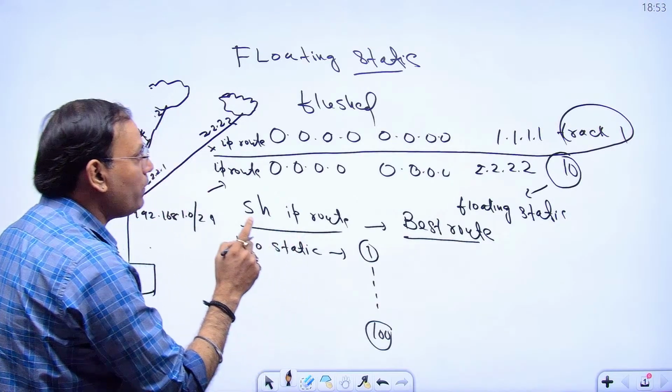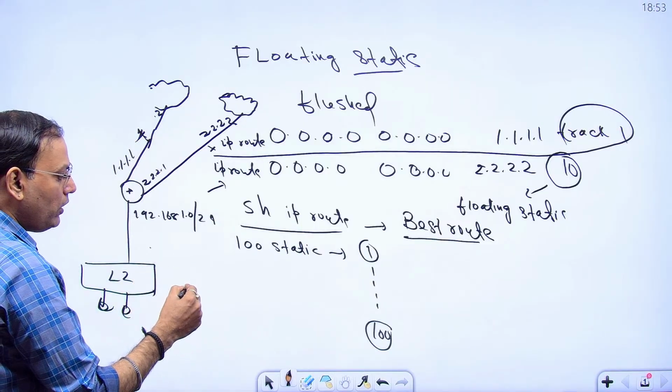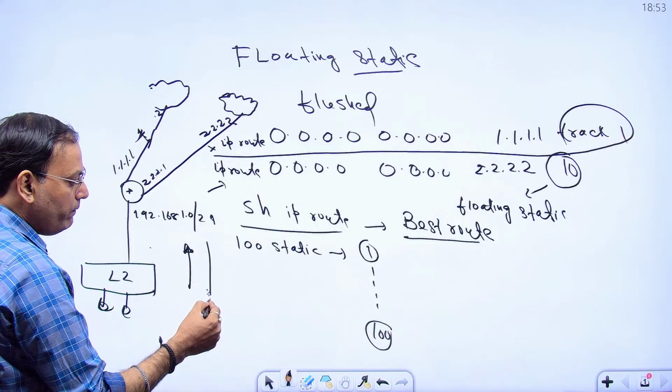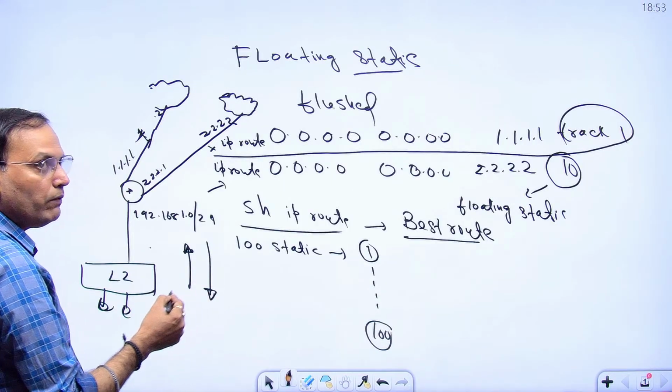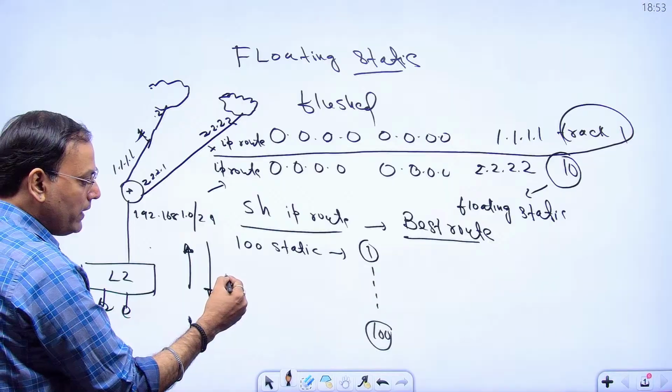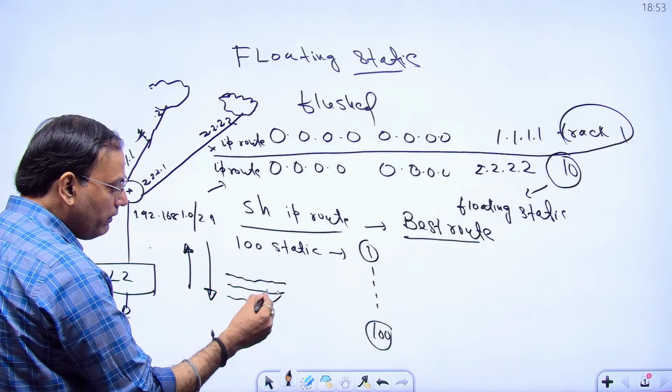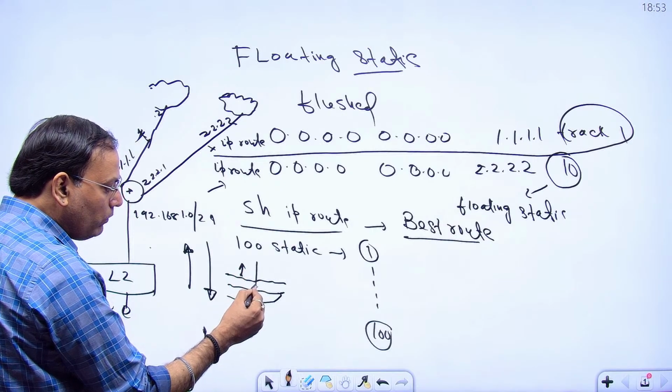And why is this route called a floating static route? Because a normal person always floats in the river, right? It will come up, it will go down.